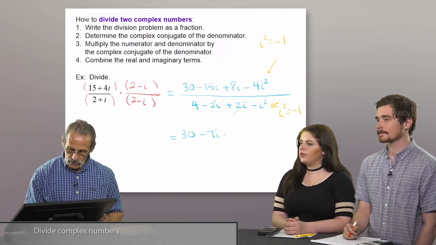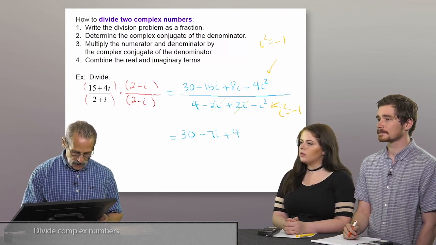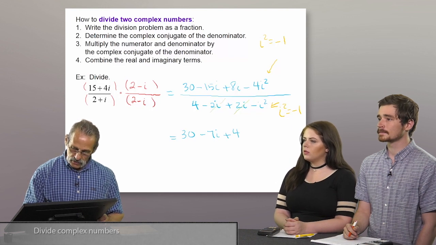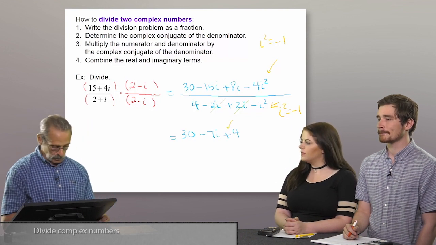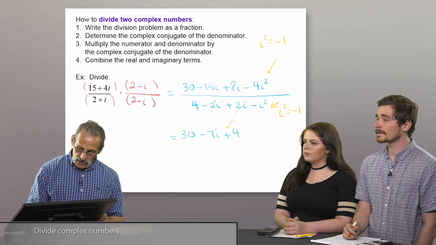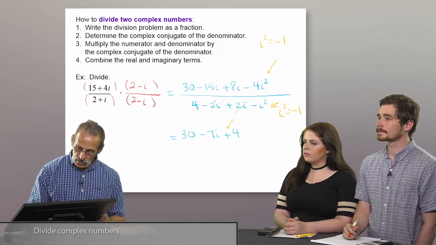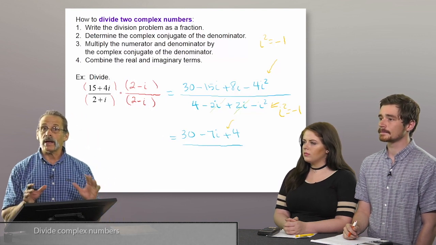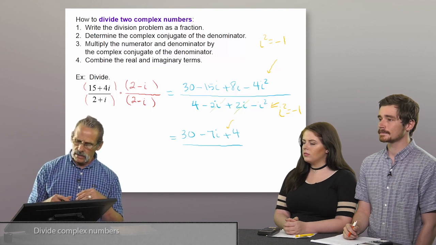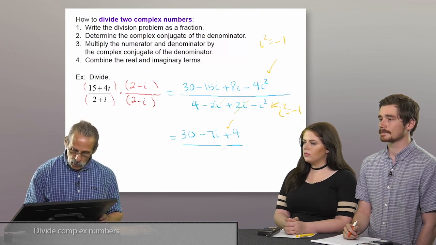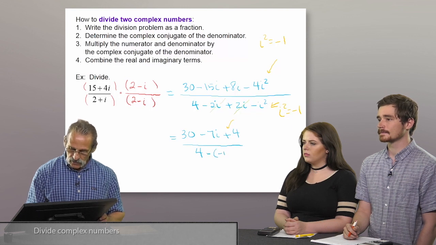That would be positive 4. We're okay with why that's a positive, right? Negative 4 times a negative 1. Now let's look at the denominator. Remember the negative 2i and the positive 2i canceled, and we were left with just a 4. Then minus the i squared, minus the negative 1.